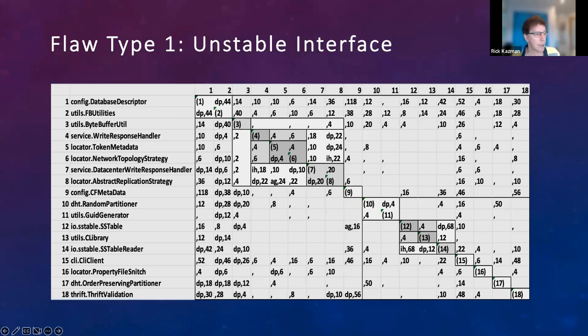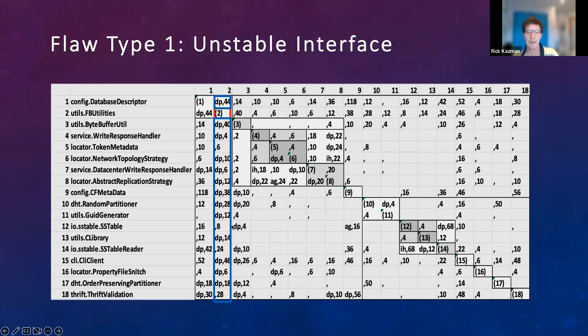So an unstable interface. We see this in file 2, utils.fb utilities. If you look at column 2, this shows all of the files that FB utilities is related to, and you see that many files depend on it.